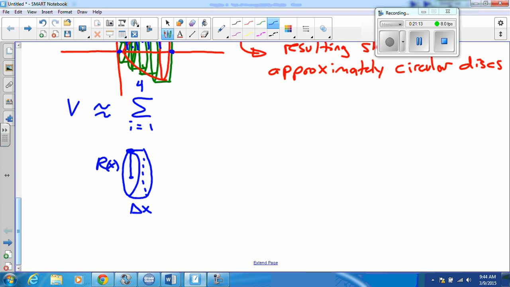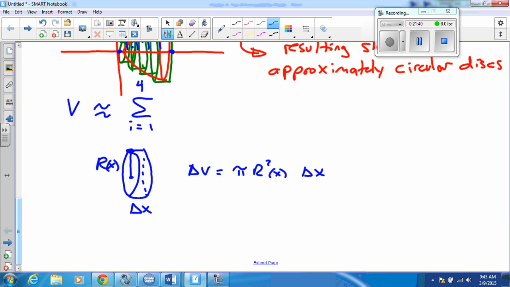So we ask, what is the volume of a circular disk? Well, because the circular disk has a constant radius all the way through, its volume is simply area times height, right? And so the volume of one circular disk, which we will call delta V, is equal to the area of the circle times the width of that disk.